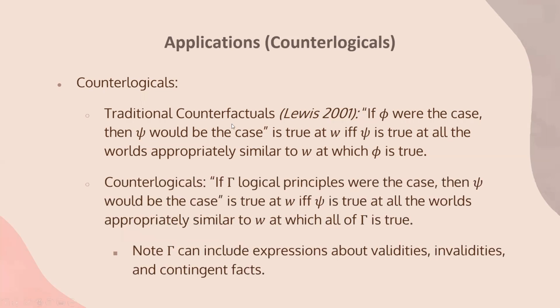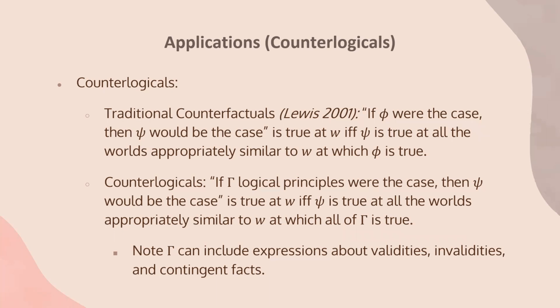And counterlogicals in this framework can be defined in a very similar way, but instead of just having one antecedent formula, I'm allowing there to be a collection of antecedent formulas. The reason for this is that we need to allow for claims like, if classical logic were the correct logic, and classical logic contains more than one formula, presumably. And other logics similarly.